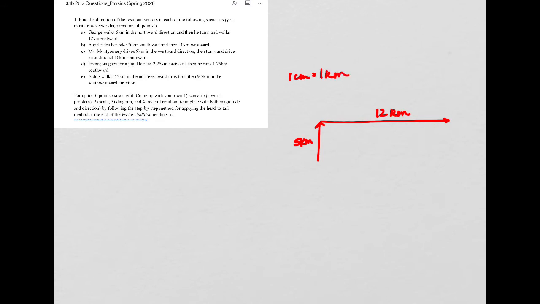Alrighty. Now we need to know the direction of his resultant. You have to do the Pythagorean theorem method in order to find the length of r. Then you can find the direction. First we've got to find the magnitude of r. c squared equals a squared plus b squared.